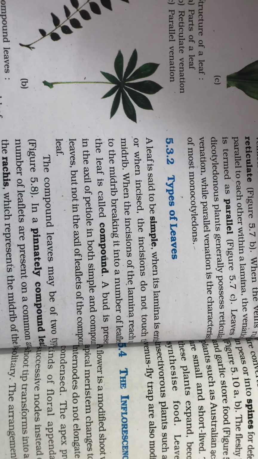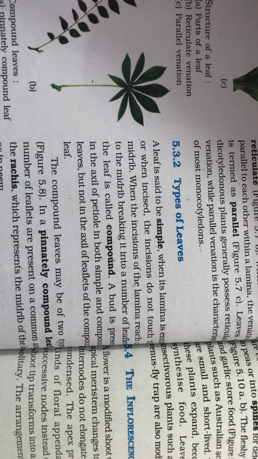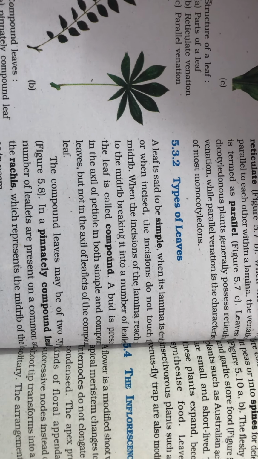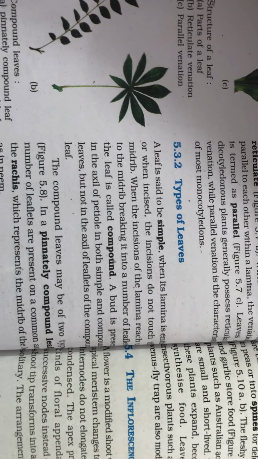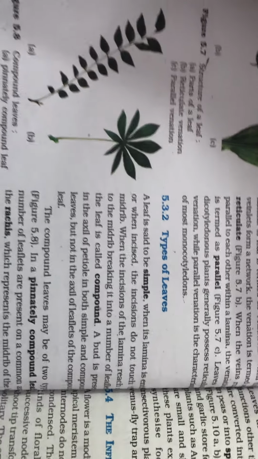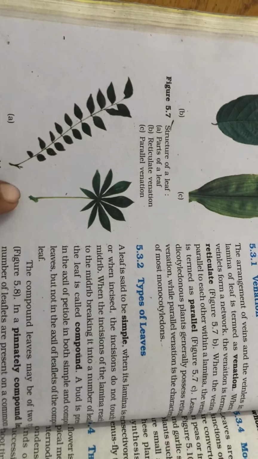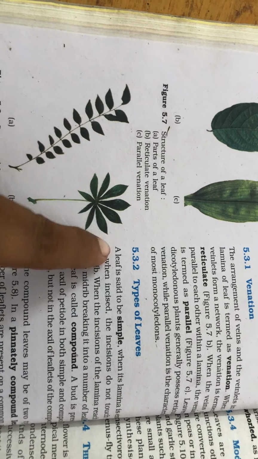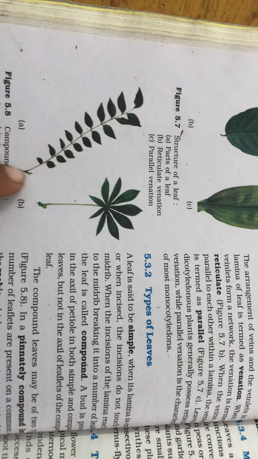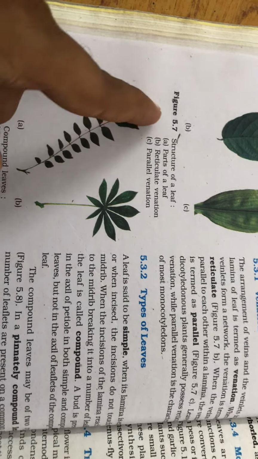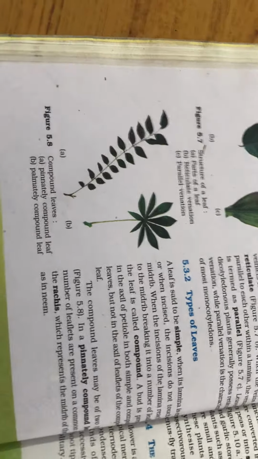A bud is present in the axil of the petiole in both simple and compound leaves, but not in the axil of the leaflets of the compound leaf. Now you can see the compound leaf in the figure. The petiole is long and the leaflets are there.